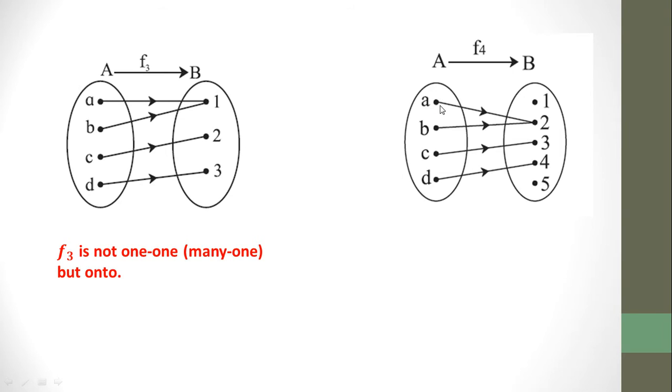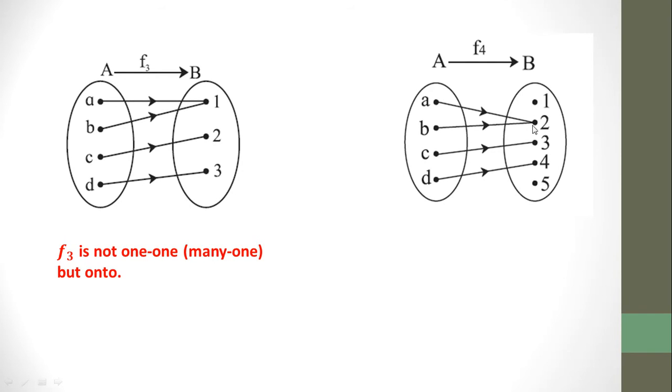By the definition of one-one, different elements in set A must have different images in set B. It is not so here, so this is not a one-one function. Check the definition of one-one here.